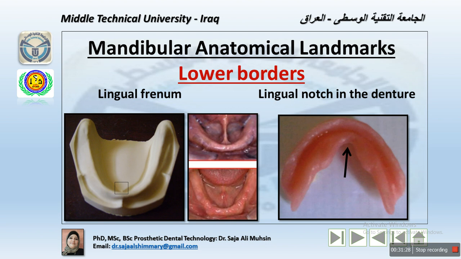Otherwise, we cannot seat the denture over a movable area, which leads to dislodging of the denture and loosening of its fit. So it depends. Some patients may not want surgery, and they may ask for an implant prosthesis without a frenectomy.